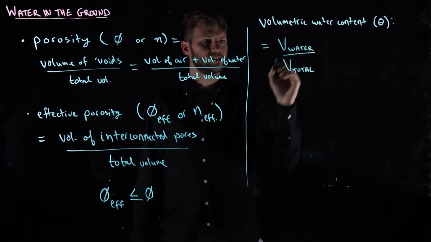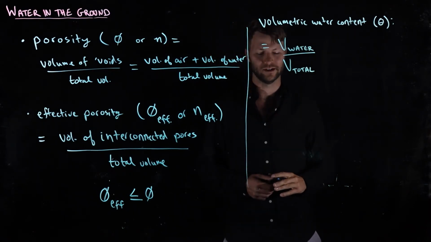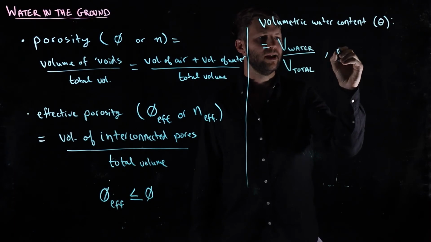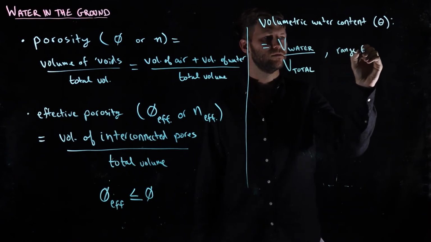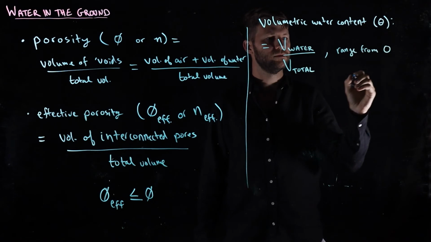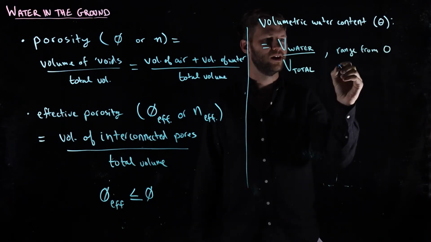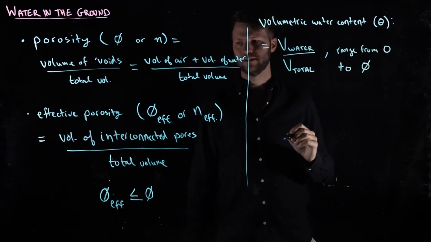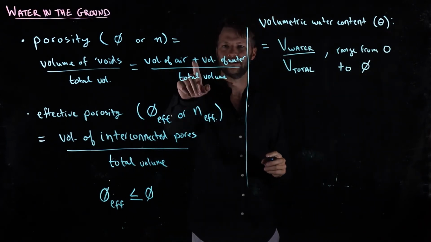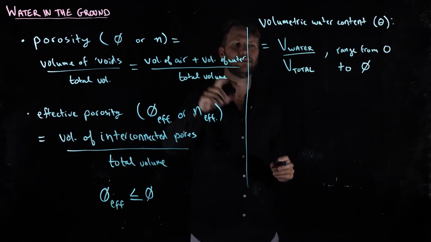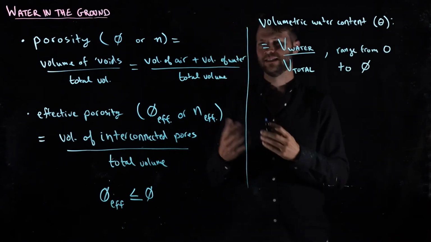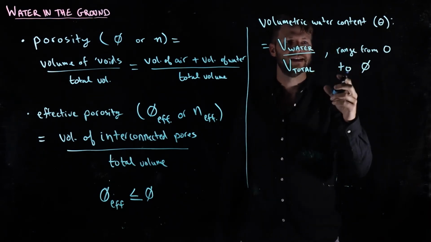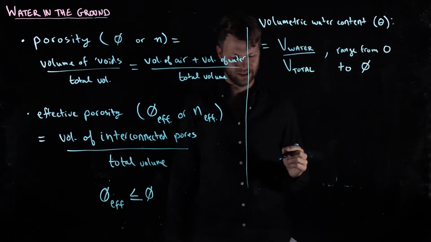And so obviously this term can change through time if the sample gets wetter or drier. And it will range from 0 at the driest state when there's no water up to phi, the porosity. Because recall that the most water you can have in a sample is if it's entirely occupying all of the void spaces. You can't have theta be larger than the porosity itself.